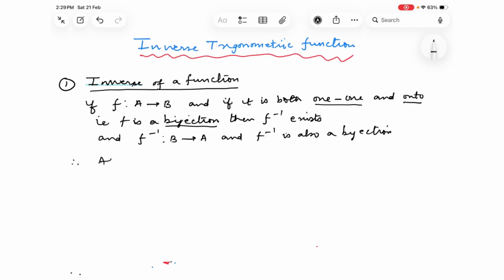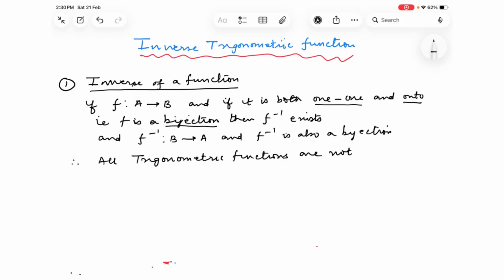That is why all trigonometric functions are not bijective functions.